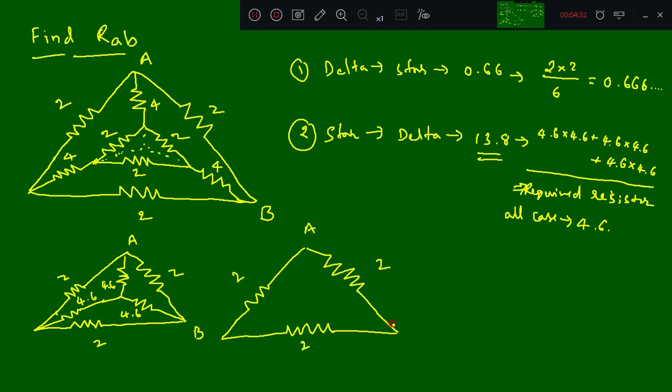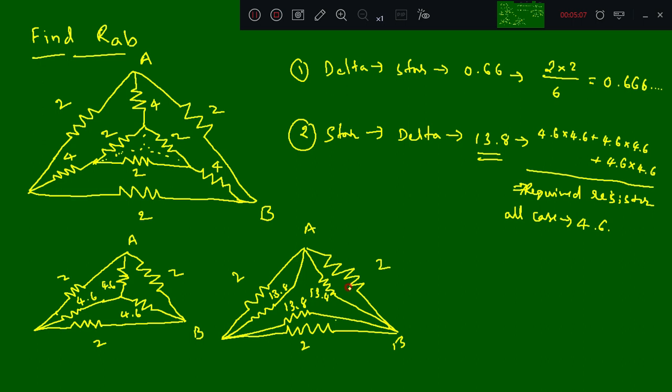This is A, B. So this all will be 13.8. This is 13.8.